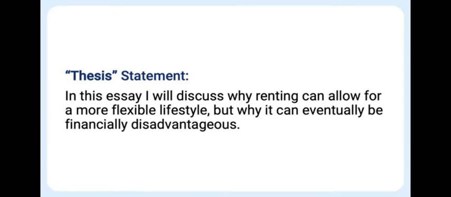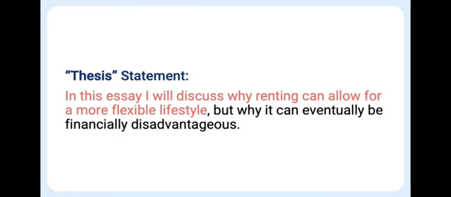So remember in your thesis statement, the third part of your introduction, I said, in this essay I will discuss why renting can allow for a more flexible lifestyle. I now need to write my paragraph about that.